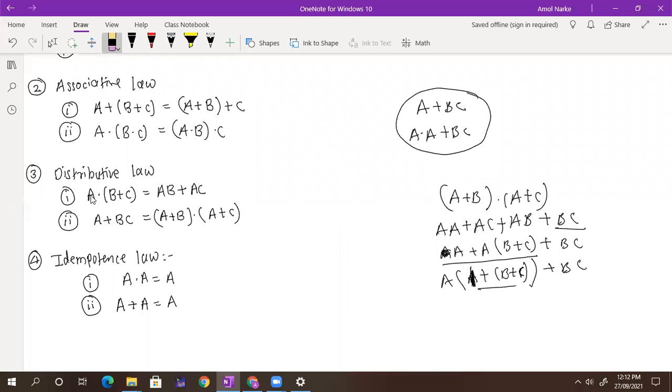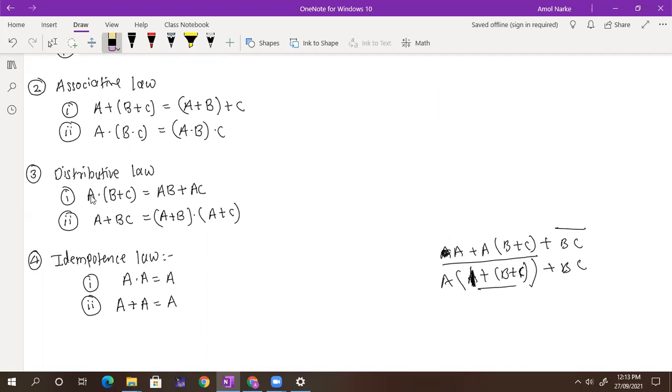So if I take this common, okay, we will go in a different way. We will try to go from LHS to RHS. Let's see what happens.